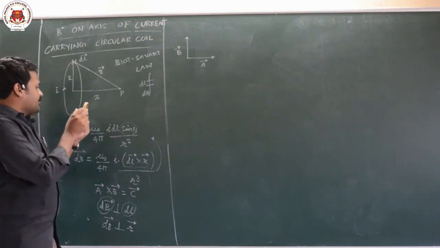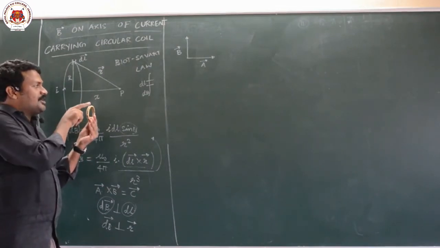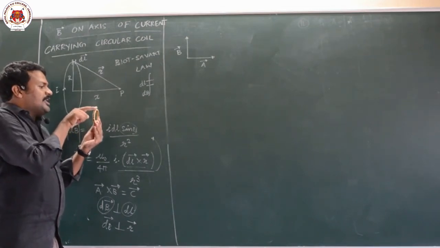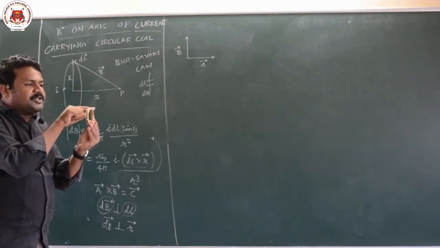Suppose you are taking anti-clockwise current. If you take anti-clockwise current like this, this is the direction of DL. Here this small part I have taken, this is the direction of DL.